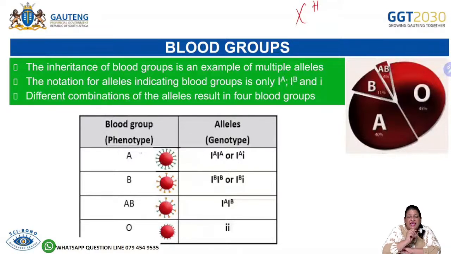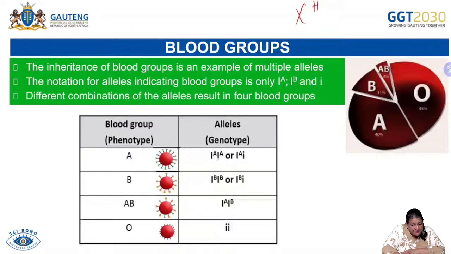We must use alphabets. So can you see, when we use alphabets, it's the genotype. So what does this mean? It means capital I to the power big A, capital I to the power big A. What it means is this person is blood group A.